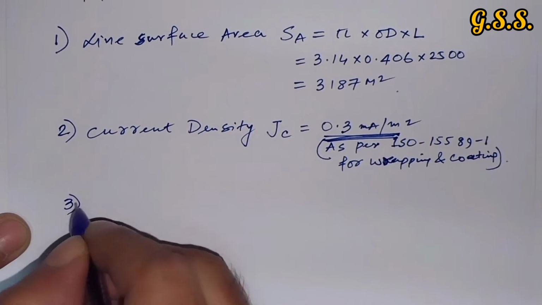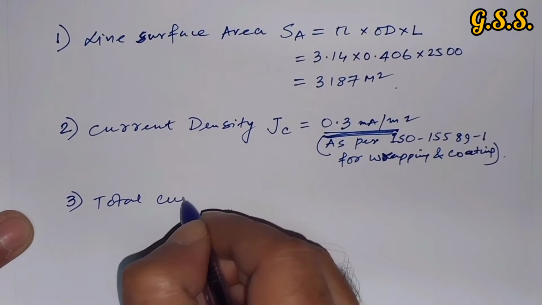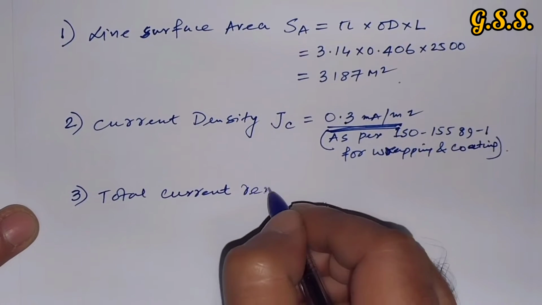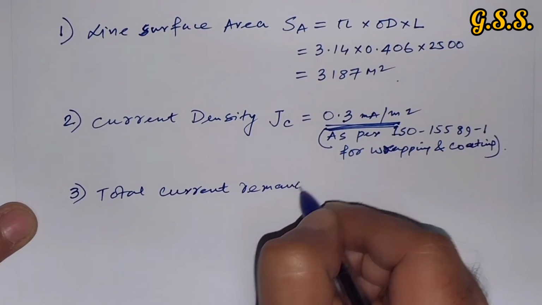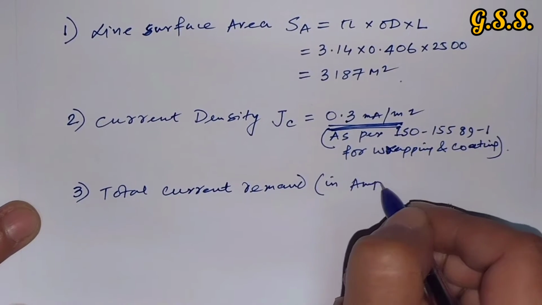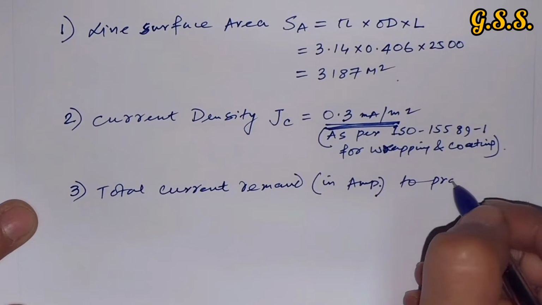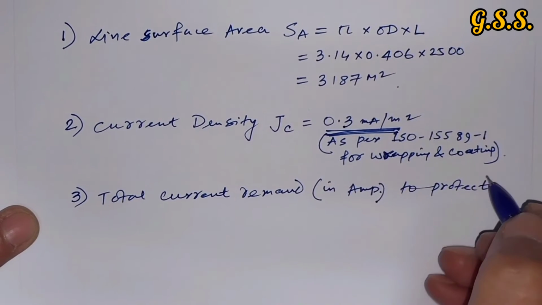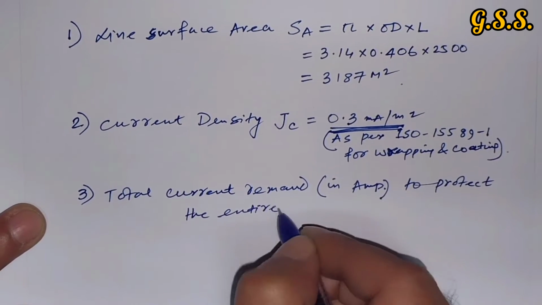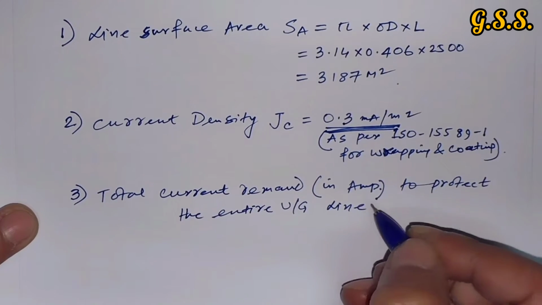Then we will have to calculate the total current demand in ampere to protect the entire UG line.